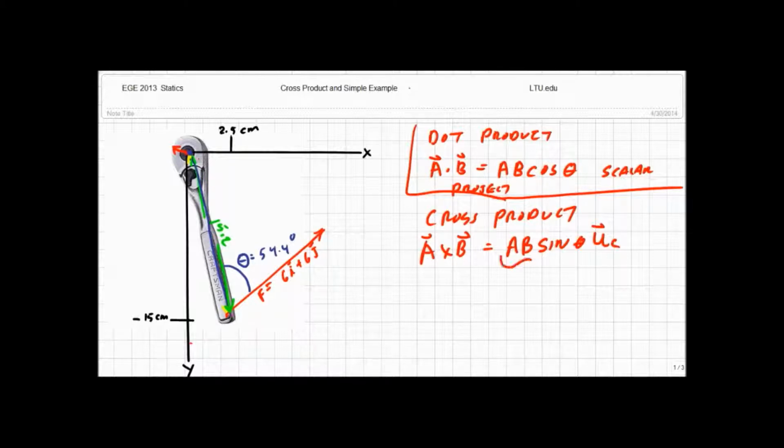So this portion here is the scalar magnitude, and this portion here is the direction.